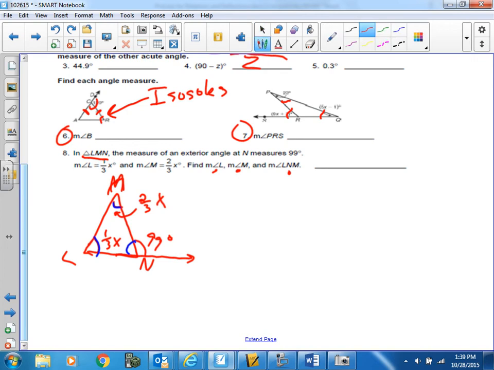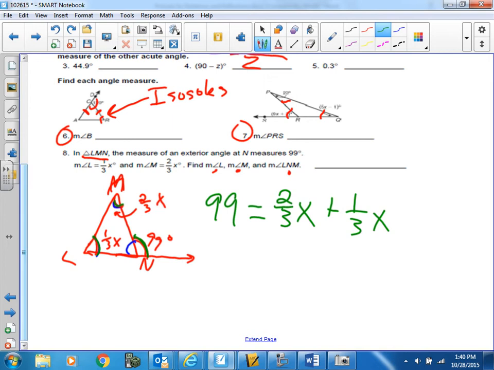Alright, so we know that this exterior angle is equal to the sum of the two non-adjacent interior angles. So we know that 99 is equal to the sum of this angle and this angle. So 2/3 x plus 1/3 x.